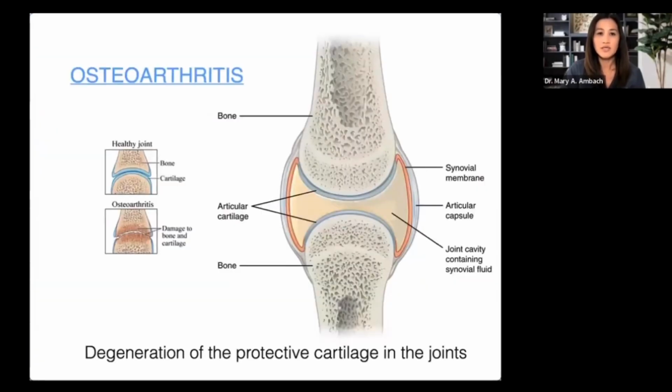So osteoarthritis, our topic for today, is a chronic inflammatory condition wherein it creates wearing out or degeneration of the cartilage that's protecting your joints. And over time, as the cartilage wears out, the space in your joint decreases. There's less volume of that fluid that cushions your joint.